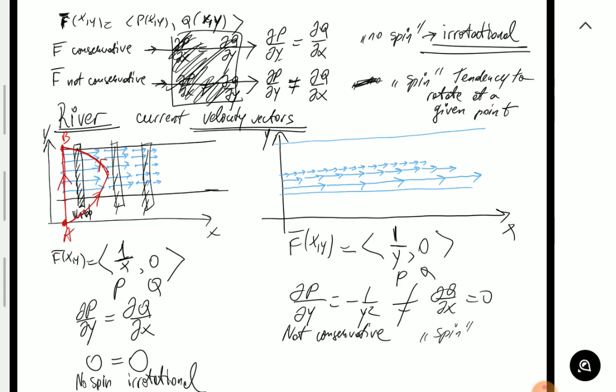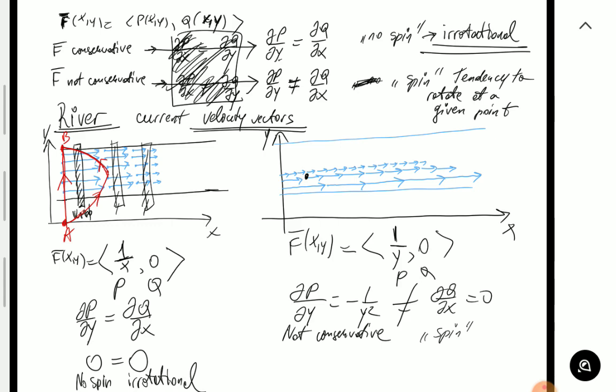Now imagine again you immerse yourself at any point here. I'm not going to sketch this because it's not easy to sketch. But if you pick a point on the vector field, because those vectors are of different magnitudes around you, notice there is going to be a tendency to rotate, if you want, counterclockwise.